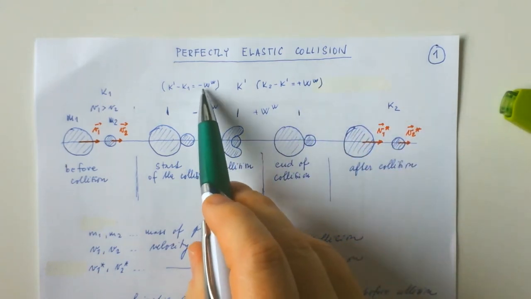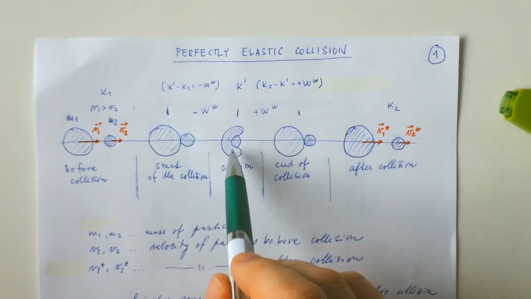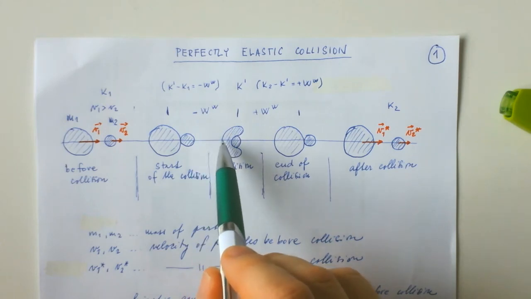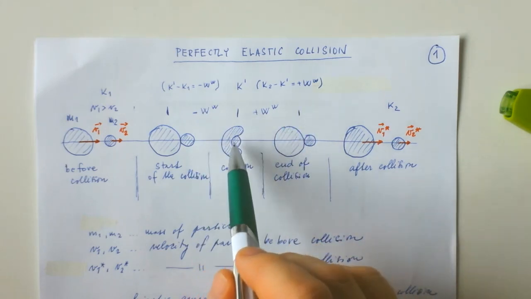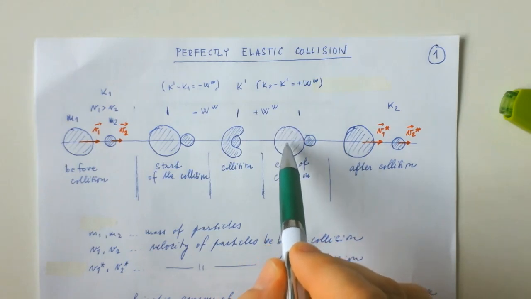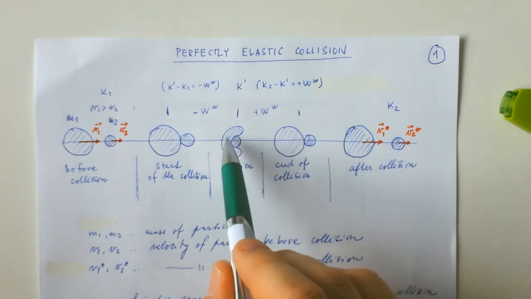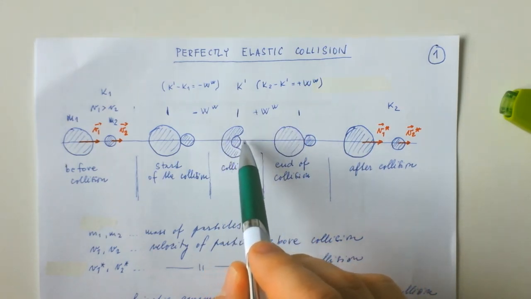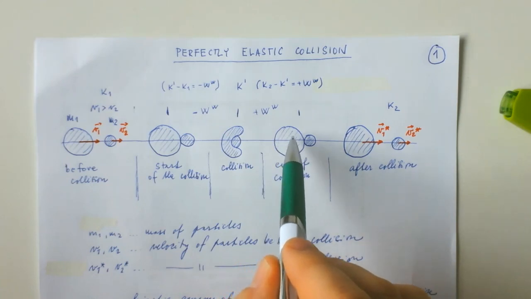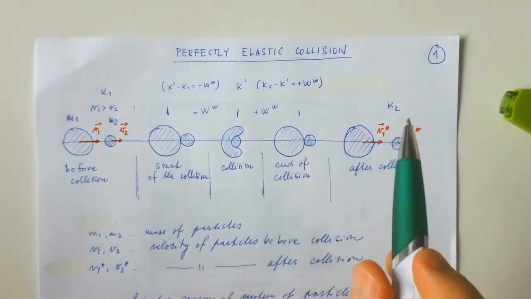So what we lose here for deformation, we get back here in the reforming process. The energy needed for deformation is getting back to the kinetic energy of the system.